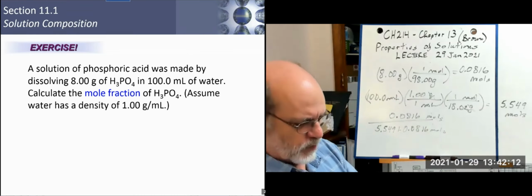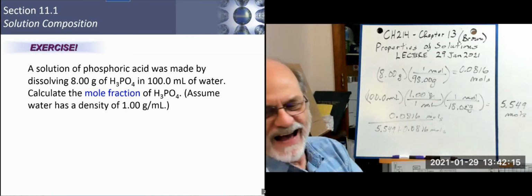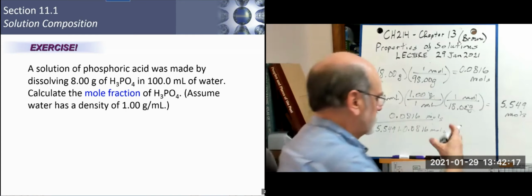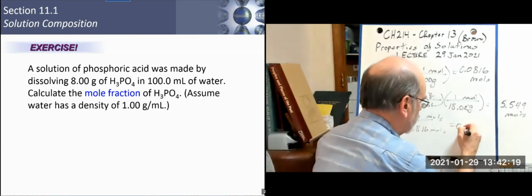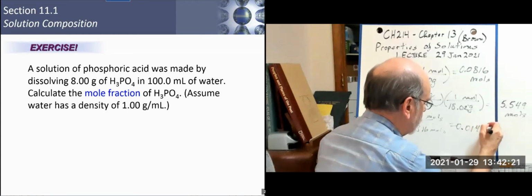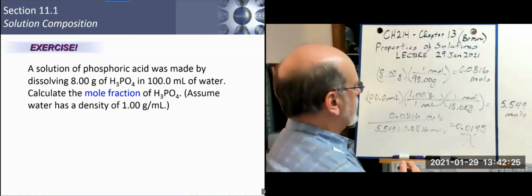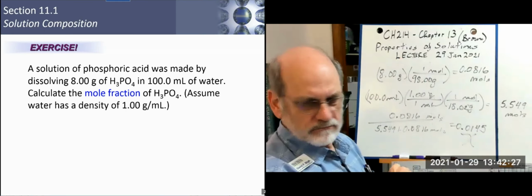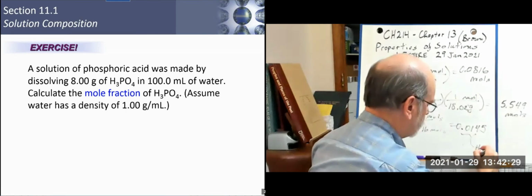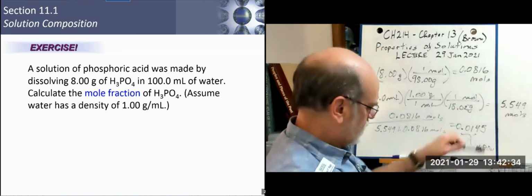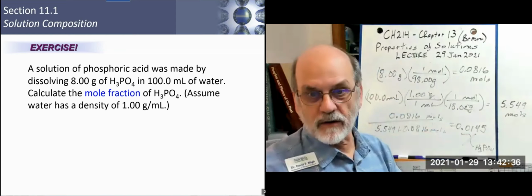I get 0.0145, rounded off. And that's equal to the mole fraction of phosphoric acid. Okay, I need to change markers. That one's getting faint on me.